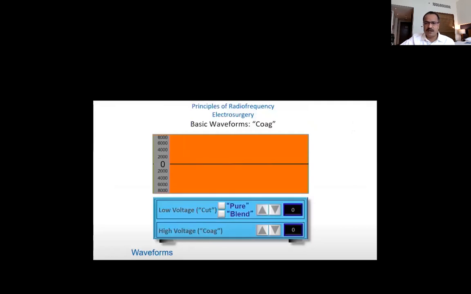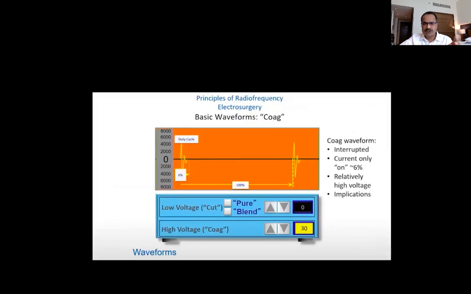There is another current. Now the same energy, 30 watts, is to be given in an interrupted fashion. And there is a condition that you will use that current only for 6% of the time of the 100 units, whatever. So the current has to be spread apart and delivered.